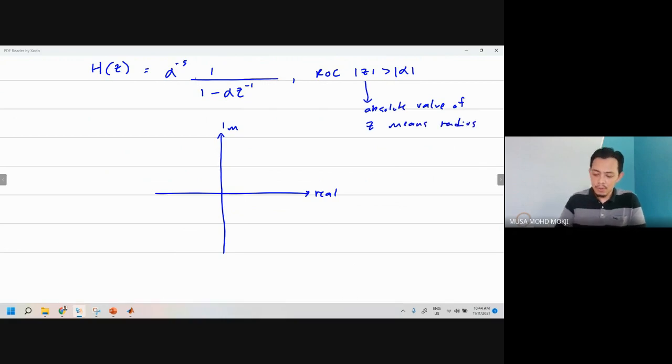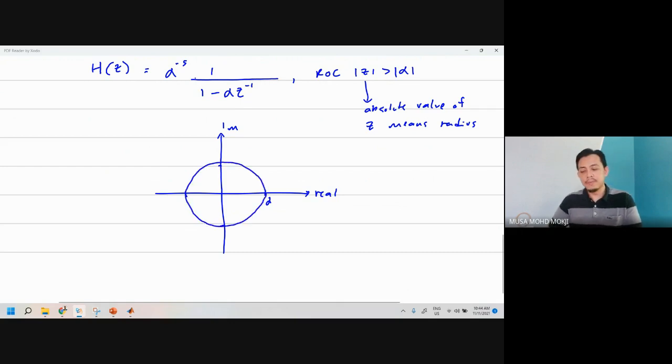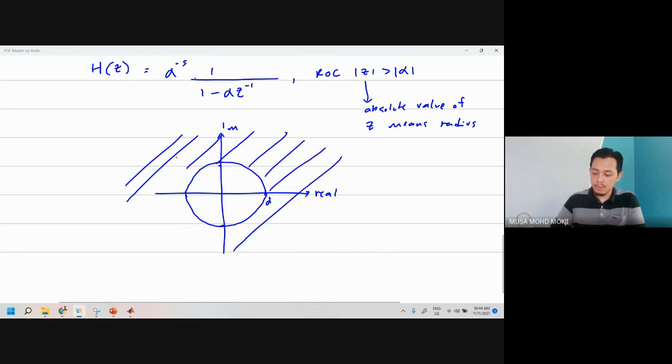So you should have some radius. What is the radius? We should look at alpha. Let's say alpha is somewhere there, and that's the radius of that z. The radius is alpha. Because this is a greater than, this is actually the ROC.